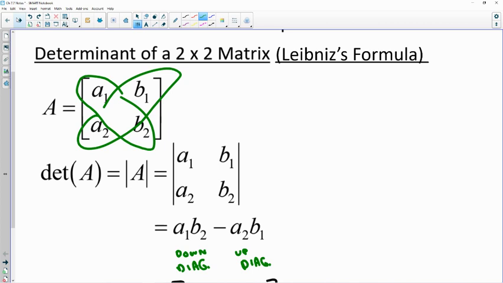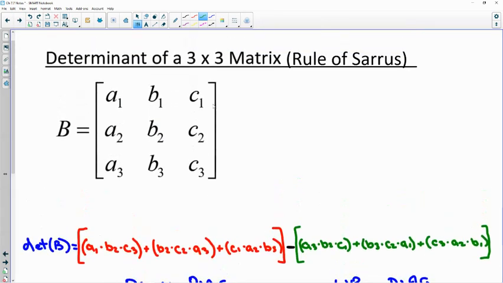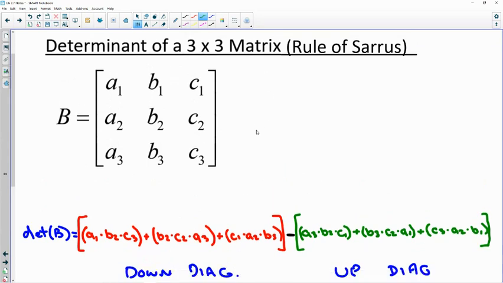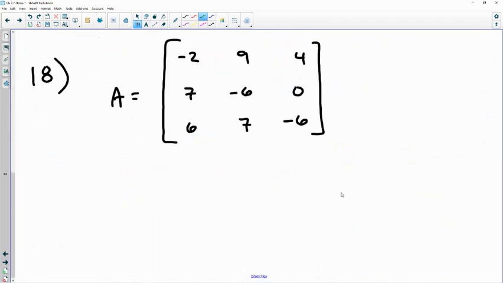So for 2 by 2, the down diagonal minus up diagonal was originally discovered by Leibniz, and then for 3 by 3, you're working with the diagonals again, but this one's called the rule of Sarrus. So let's do a quick practice, and then we'll call it a wrap.